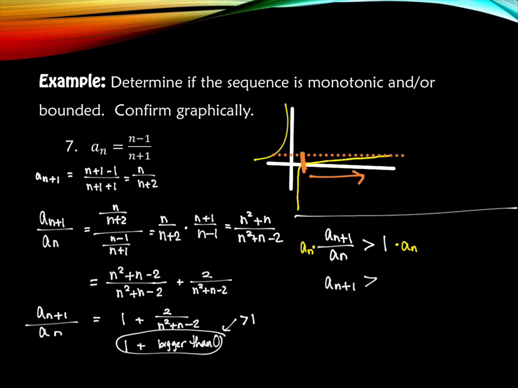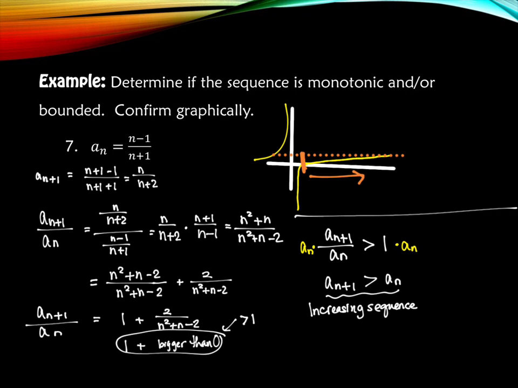It says that a sub n plus 1 is bigger than a sub n. That's what we were trying to show, that every term was bigger than the one before, right? This means that this is an increasing sequence. Every subsequent term is bigger than the one before.